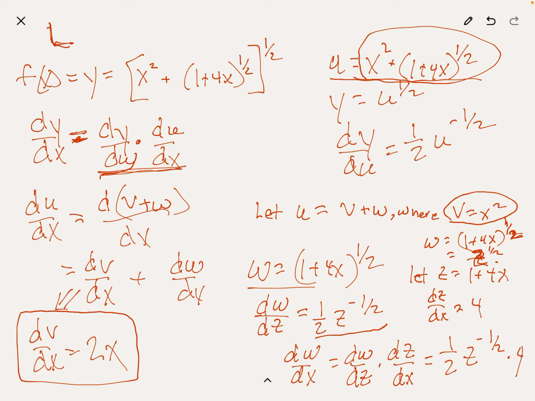Okay, and again, just to check our work, these dz's are going to cancel out, so the multiplication of those two factors will give us dw/dx, which we can substitute back in up here. So let's put it all together on the next page.